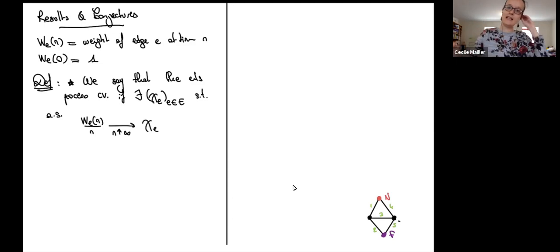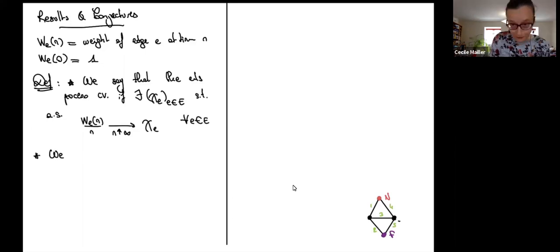So it's just saying my renormalized weights converge to some values which can be random, but there are no oscillations. And this is true for all E in my set of edges.